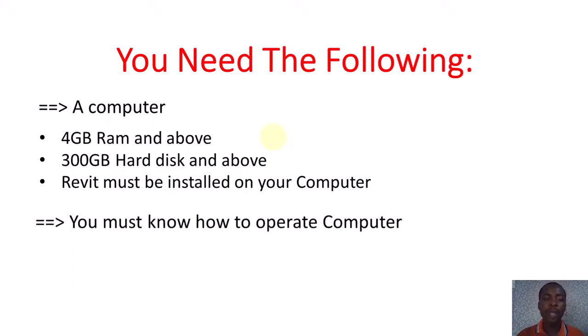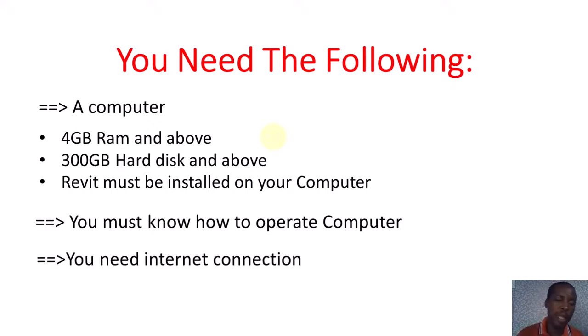Now you must know how to operate a computer. If you must learn Revit, then you must know how to move your mouse, how to type on the keyboard, how to boot your system, and how to save your work. Those small things are the only things you need to know about computers.